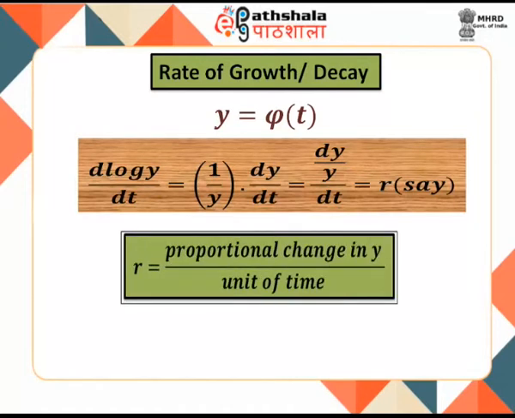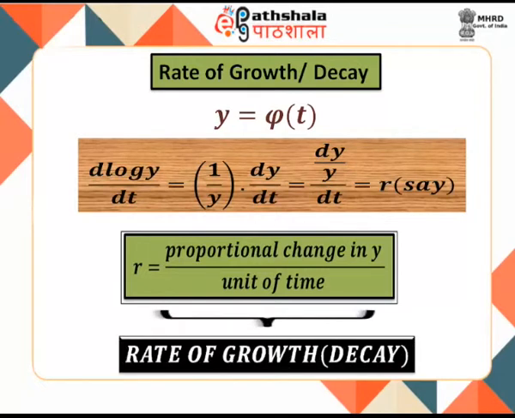Here r represents proportional change in y per unit of time, or the rate of growth or decay of the function. This growth is also known as the compound rate of growth.